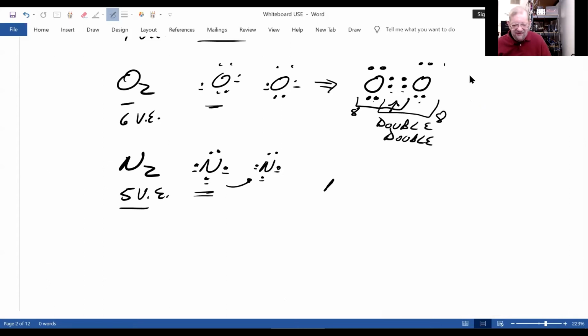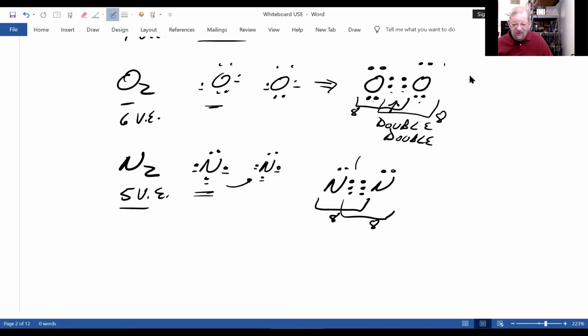Let's share. And they do. 1 pair, 2 pair, 3 pair. The non-bonding electrons are still there. And now we look, and each nitrogen has an octet of valence electrons, so it's happy.